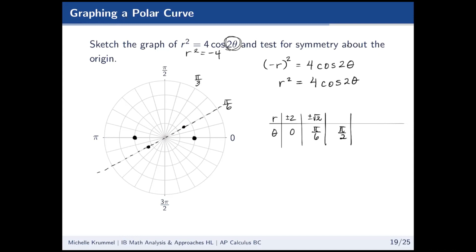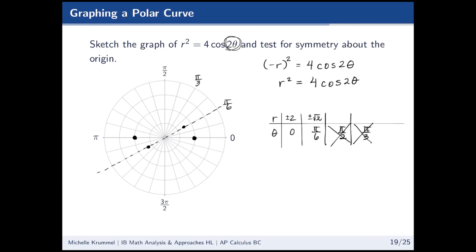We only want positive cosine values, so we're not going to use pi over 2. Let's try pi over 3. Pi over 3, we multiply it by 2, we get 2 pi over 3. The cosine of 2 pi over 3 is negative 1/2. Negative 1/2 times 4. That one's still not going to work.